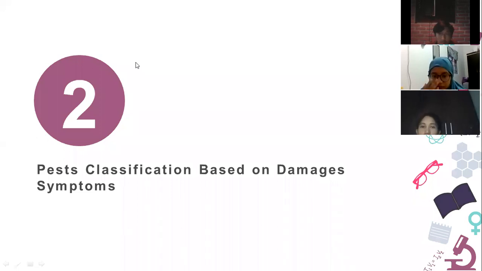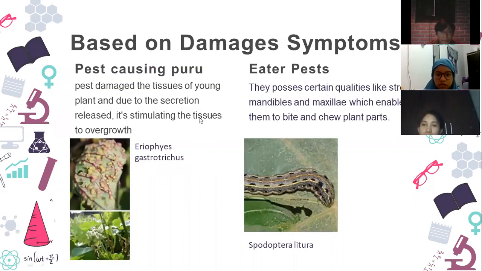Okay, the next one is pest classification based on damage symptoms. The first one is pests causing gall.